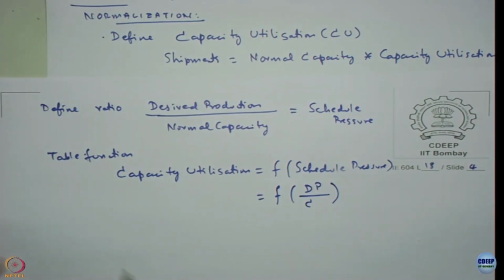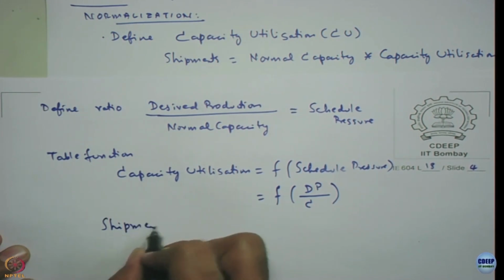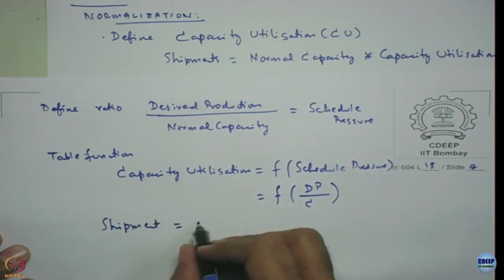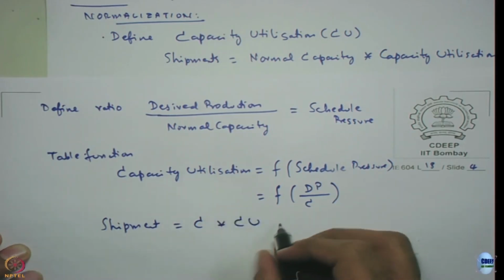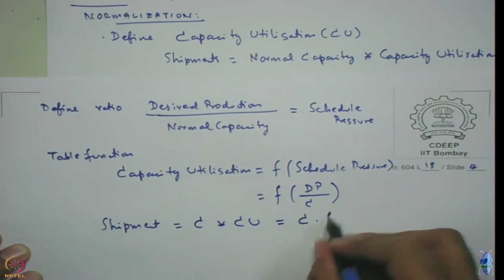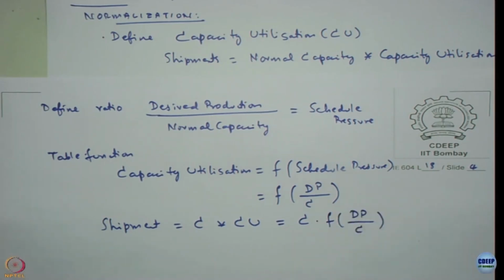And when we want the final shipment, it is nothing but normal capacity into capacity utilization, which is capacity into function of desired production by capacity, is what we are going to build.